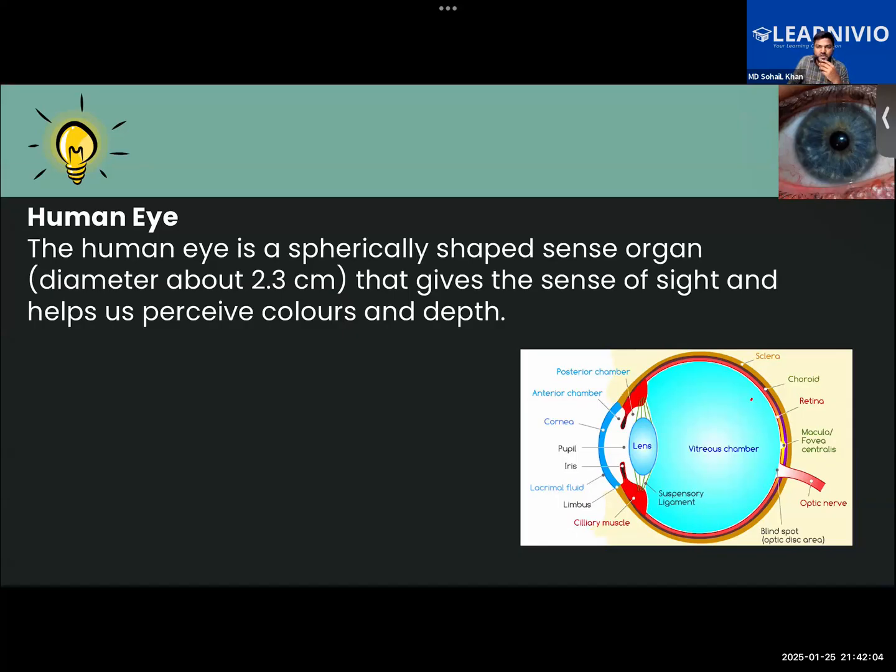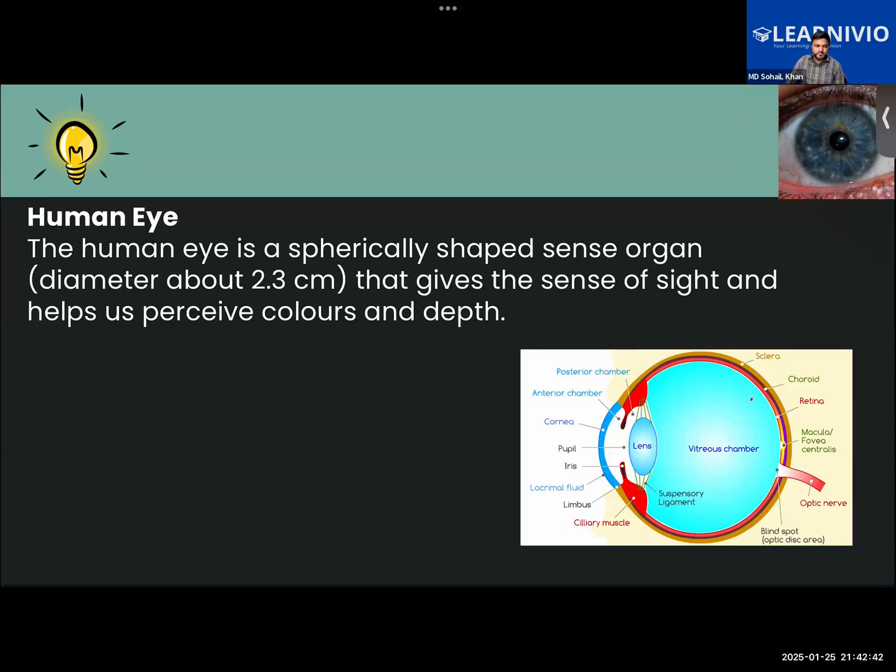So first, we'll say that an eye is a sensory organ, which is roughly spherical in shape, and it helps organisms to perceive visual information by detecting light. It's quite a complex structure that includes different parts like the cornea, iris, pupil, lens, and retina, all of which work together to focus the light onto the retina and then send signals to the brain via the optic nerve.